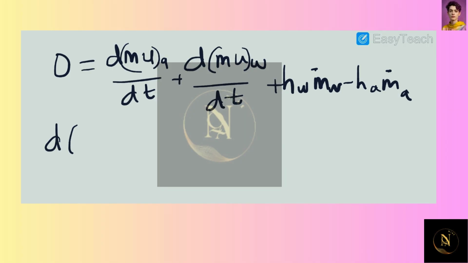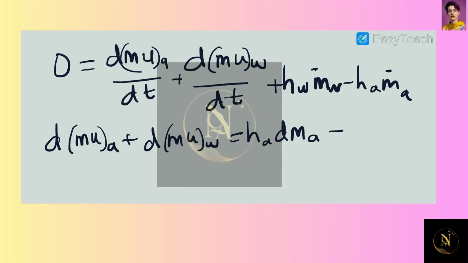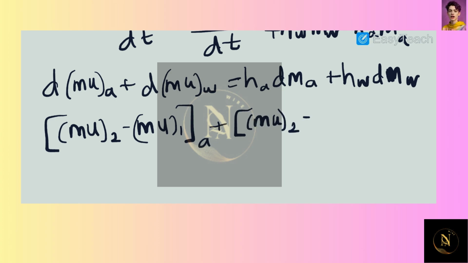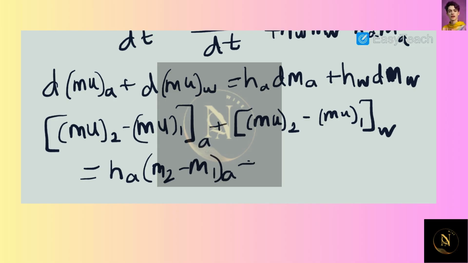So what we're left with is d(mu)_air plus d(mu)_water is equal to h_a dm_a plus h_w dm_w. Now we can integrate this entire equation from the beginning of the process to the end of the process, and what that gives us is mu_2 minus mu_1, all for the air, plus mu_2 minus mu_1, all for the water, is equal to the enthalpy of air times (m_2 minus m_1) of air plus the enthalpy of water times (m_2 minus m_1) of the water.